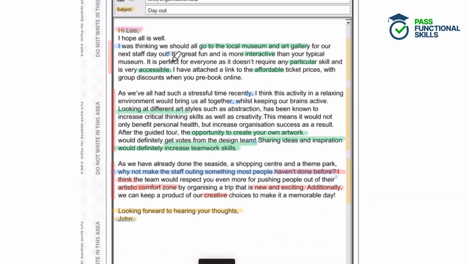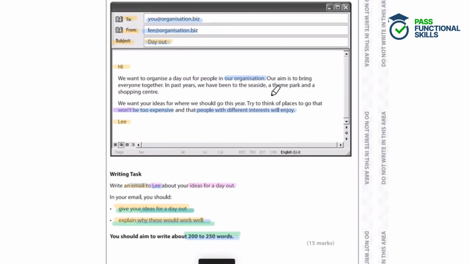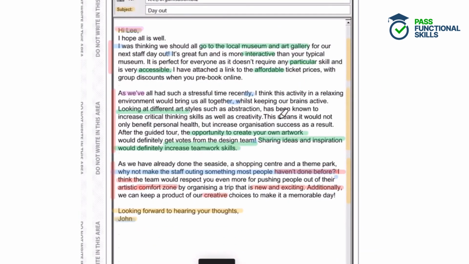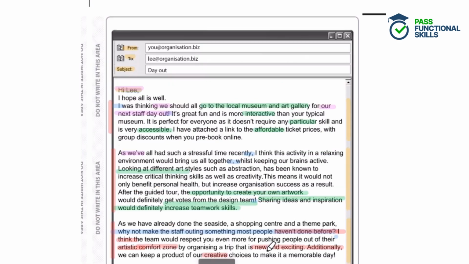So we've used contractions as well. We've got we've used there. And we know that we're part of an organisation with Lee because it says our organisation. So we've focused on the word we throughout and our next staff day out. So it's clear that the writer is part of the organisation.